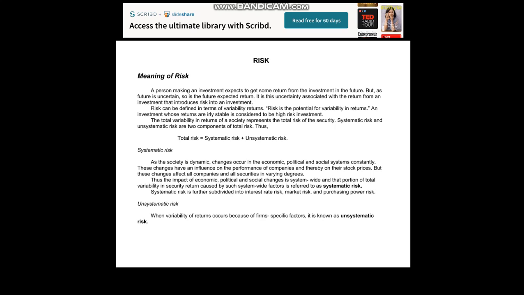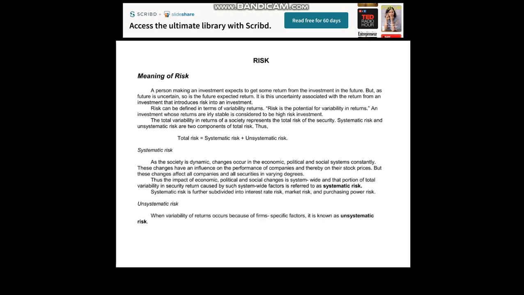Systematic risk. As society is dynamic, changes occur in the economic, political, and social systems constantly. These changes have an influence on the performance of companies and thereby on their stock prices, but these changes affect all companies and all securities in varying degrees.